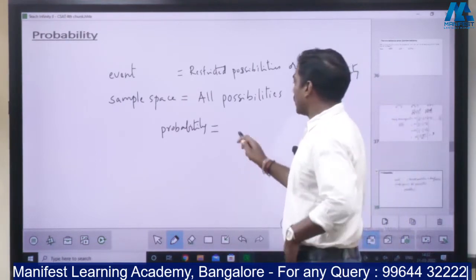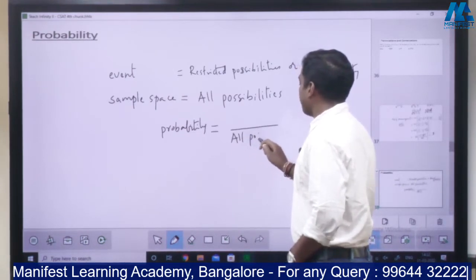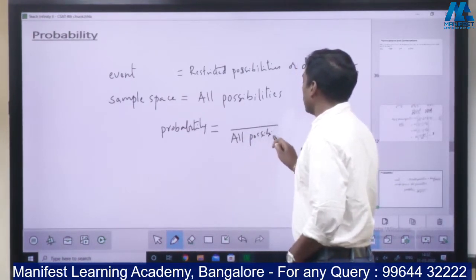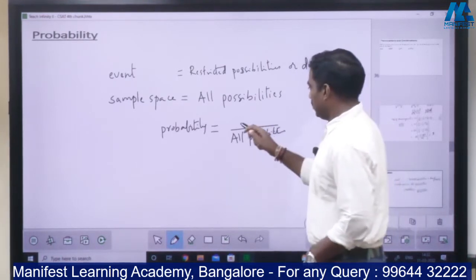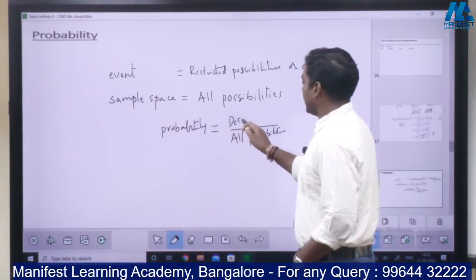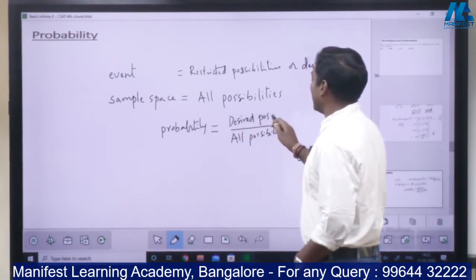So probability is all possibilities in the denominator, and in the numerator, the desired possibilities or desired entities.